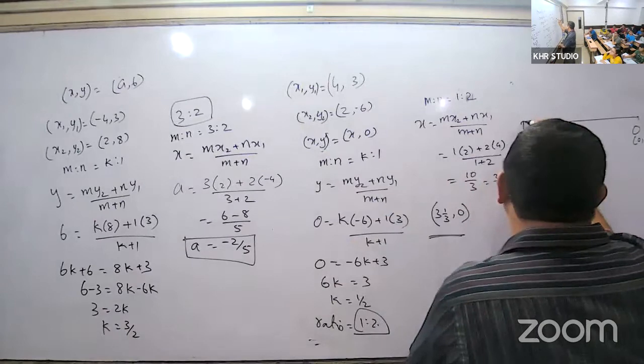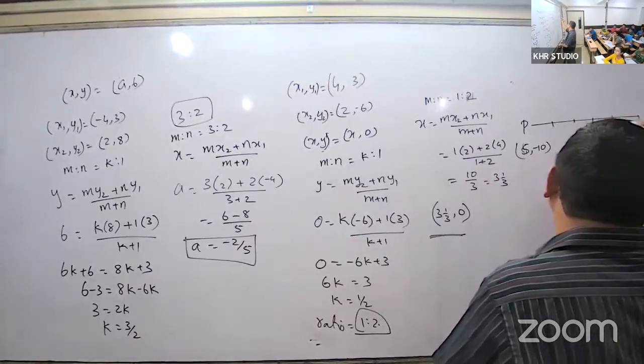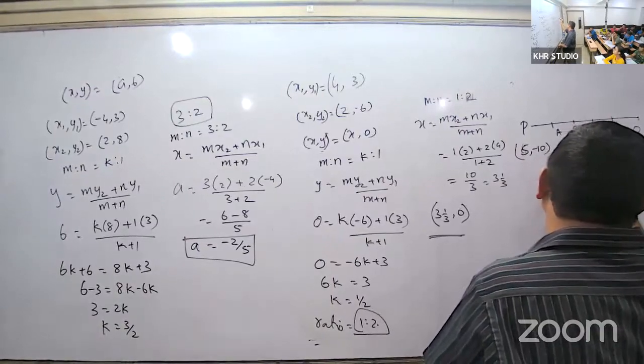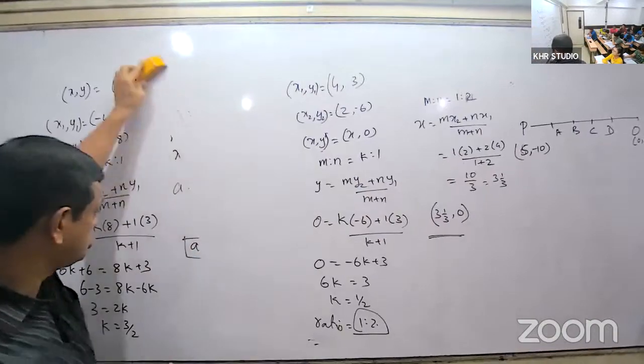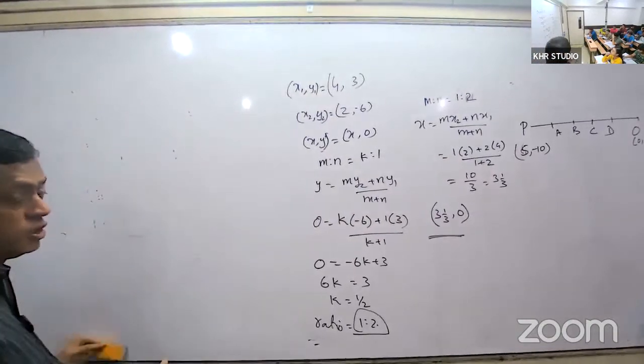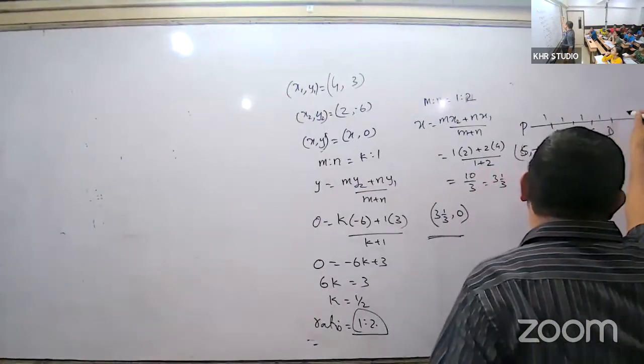If this is, let's say, P, then 5 equal parts: 1, 2, 3, 4, 5. A, B, C, D. These are the 5 equal parts. What is the meaning of 5 equal parts? Equal ratio, I can take 1, 1, 1, 1, 1.